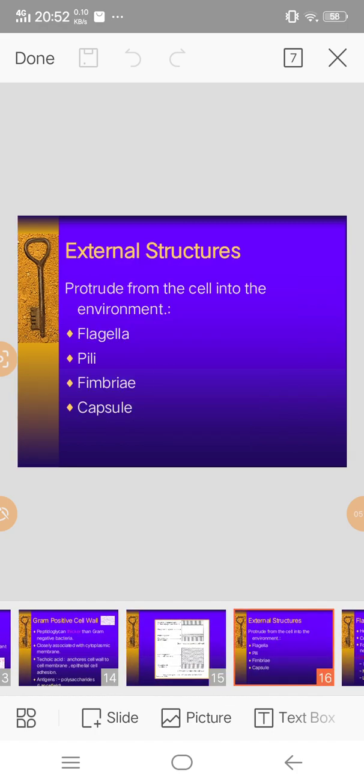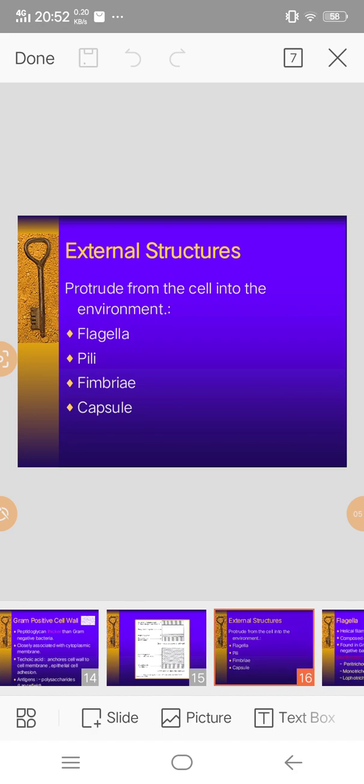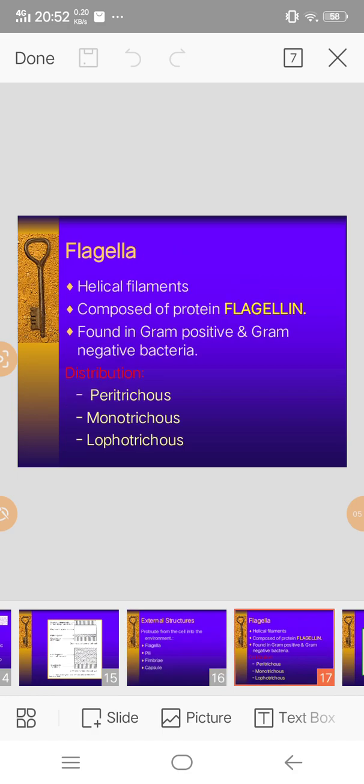The external structures of a bacterial cell compose or protrude from the cell into the environment. They include flagella, pili, fimbriae, or a capsule outside of the cell wall. First is flagella, a helical filament composed of a protein called flagellin, found in both gram-positive and gram-negative bacteria.